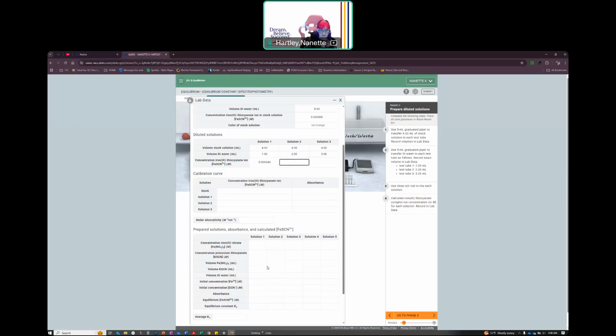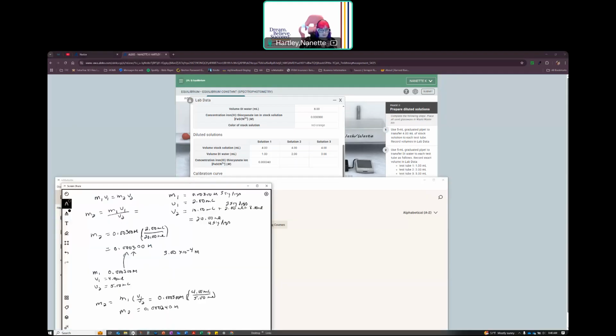Now the next calculation should be almost exactly the same. The only thing that's going to change is that it's 0.000300 molar times 4.00 milliliters, because that's still the initial volume that I used of that solution.